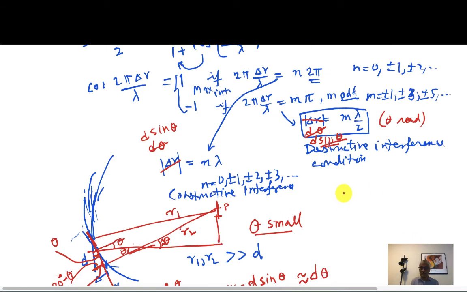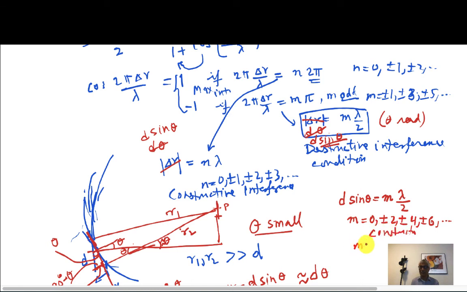So we got an alternative way of writing our conditions. d sine theta equals, we can just write a single one, m lambda over 2. If m is 0, plus or minus 2, plus or minus 4, plus or minus 6, this will capture constructive.